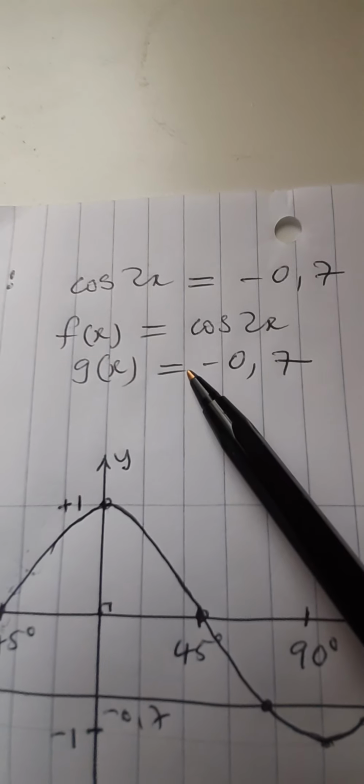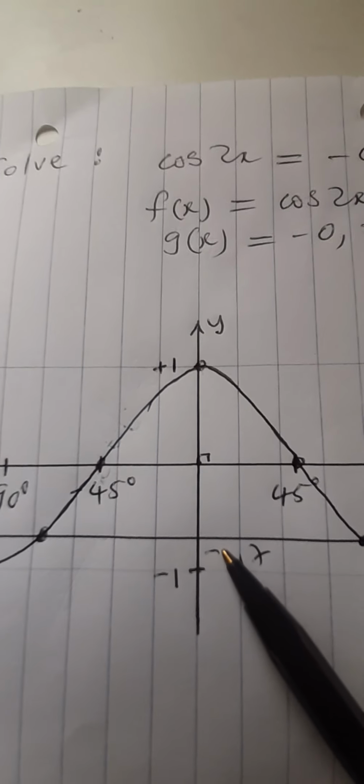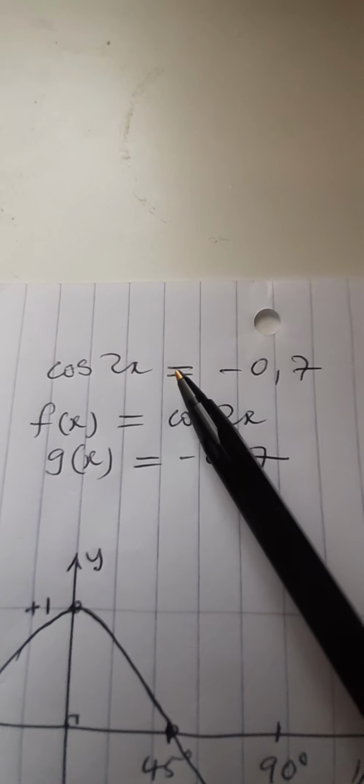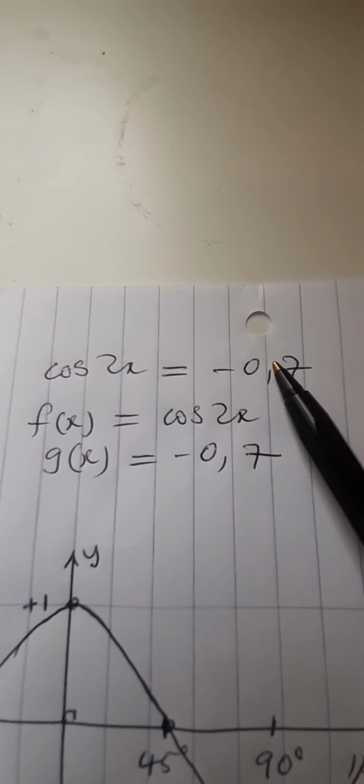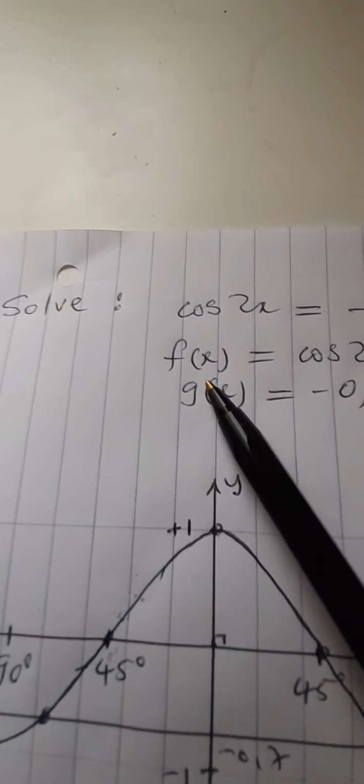We sketch the graph of g. This graph is going to be parallel to the x-axis and cutting the y-axis at negative 0,7. Now the solution to cos of 2x equals negative 0,7 is going to be where the graph of f intersects the graph of g.